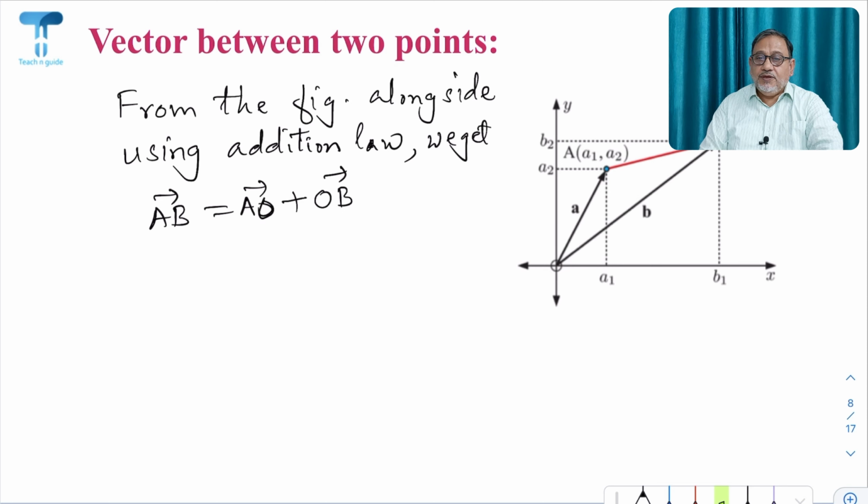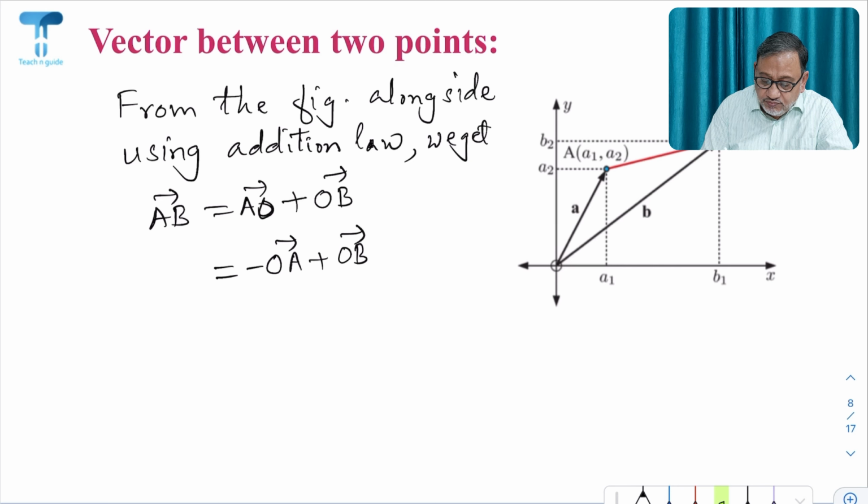Now AO is negative of OA, plus OB. So it means OB plus OA, and they are given by small a, vector A, and vector B. So negative of A, vector A, plus vector B.